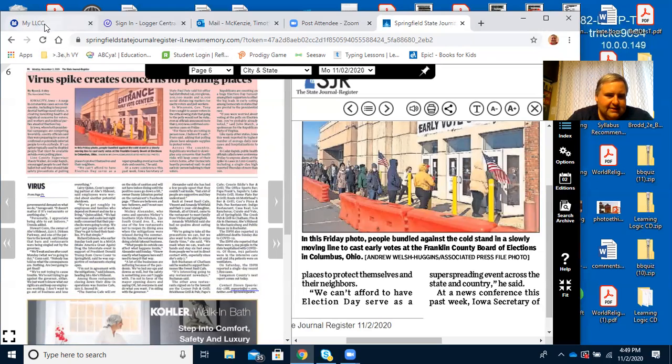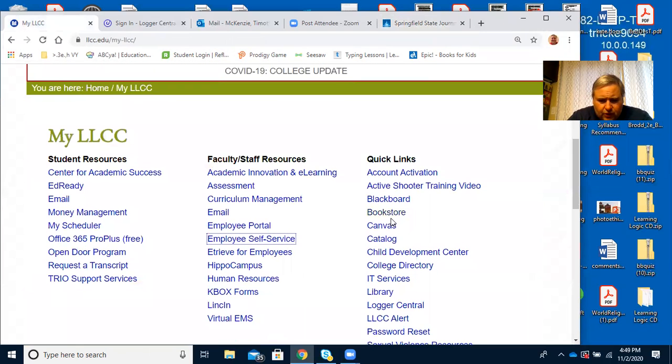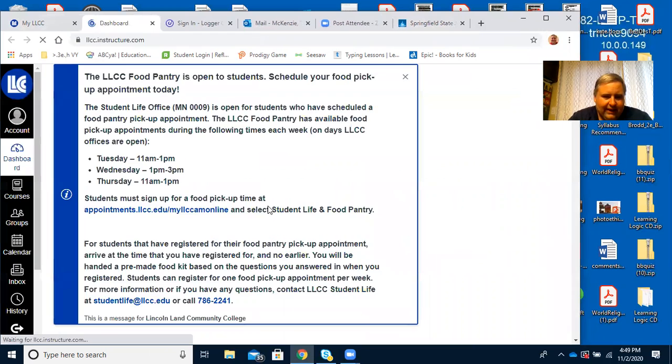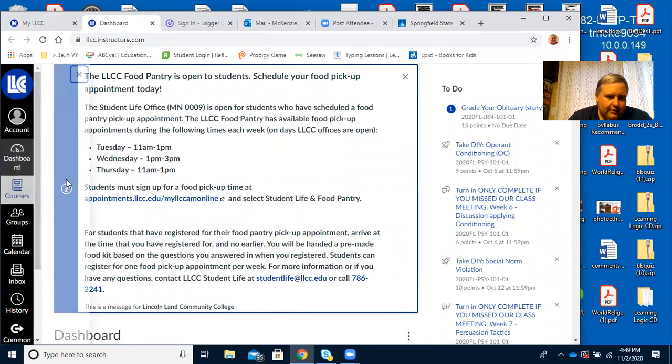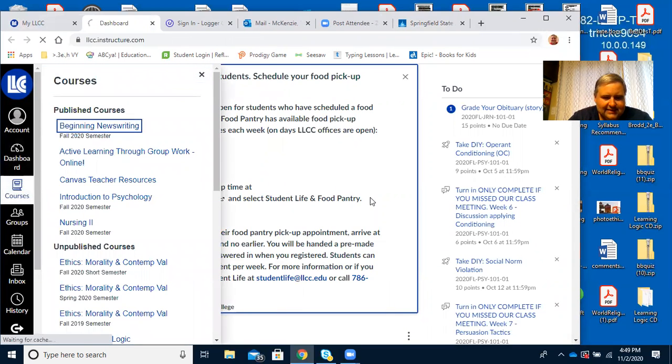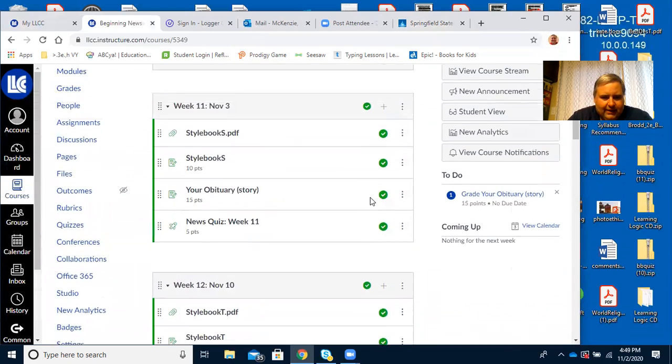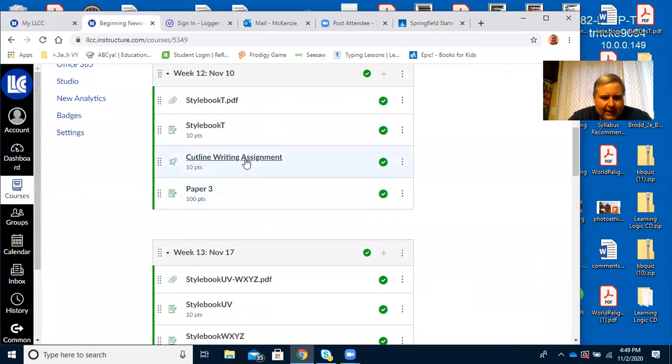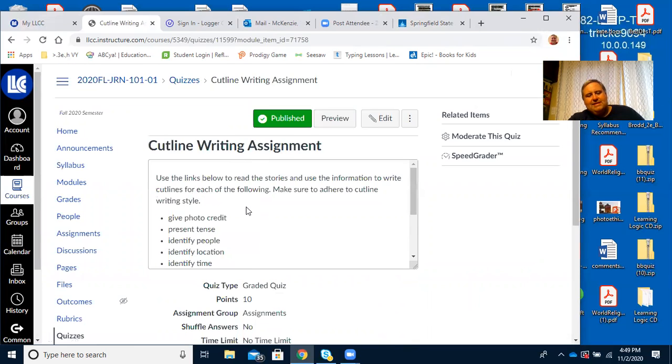As far as your work, if you go into Canvas and you come to the class here, you come down here and there will be a Cutline writing assignment that's due next week along with your next paper.